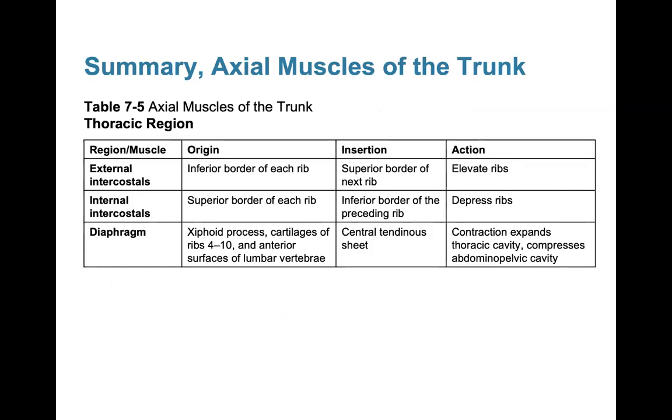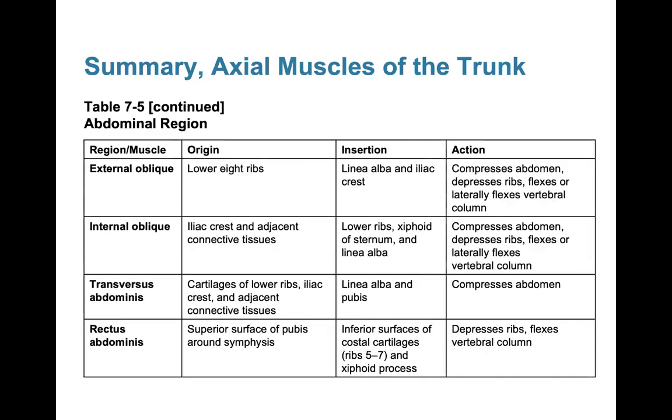The external intercostals will elevate the ribs. Internal intercostals will depress the ribs. The diaphragm, contraction expands the thoracic cavity, compressing the abdominal pelvic cavity. We'll see these three sets of muscles here again when we get to the respiratory system.